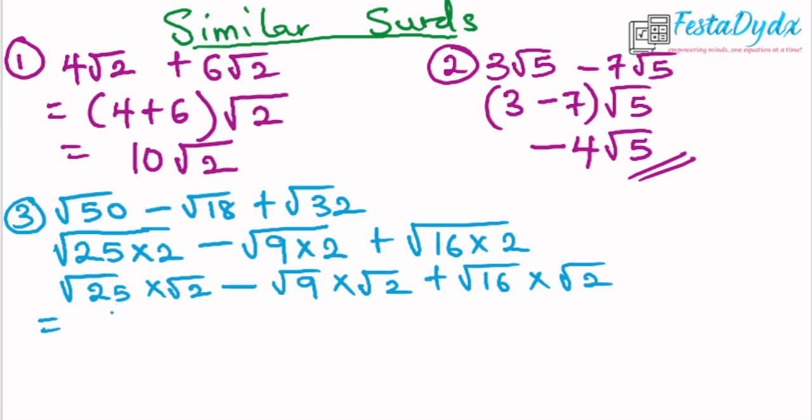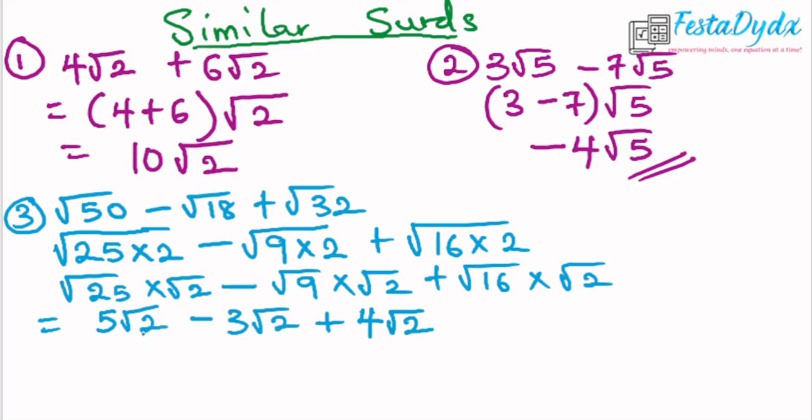So square root of 25 is 5 times root 2, which is 5 root 2, minus square root of 9 is 3 times root 2, which is 3 root 2. Now plus square root of 16 gives us 4 root 2. So this is 5 root 2 minus 3 root 2 plus 4 root 2.